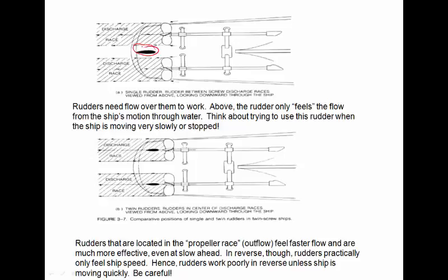If this vessel is moving ahead, it's going to give it some water flow past it, but not nearly as much as if I put the rudders into the discharge zone or the discharge race. These give me much more water movement across my rudders and give me more turning effect for surface area. And typically our ships are designed in a way that will put these rudders right inside that discharge race to maximize the flow across them.